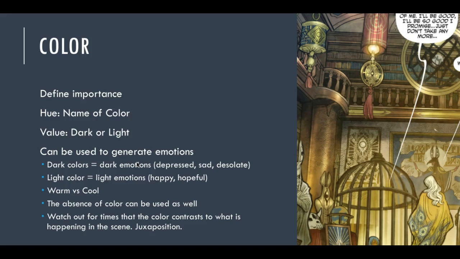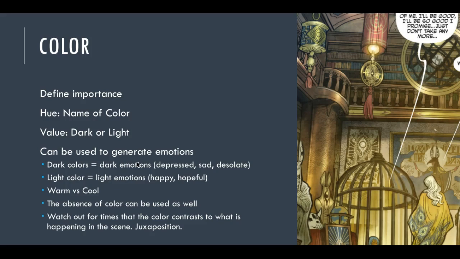And so when we're looking at those colors, they have a feel to them. So the darker the color, the darker the emotion. So sad, desolate, depressed, very red could be angry or fire or burning or passion even.